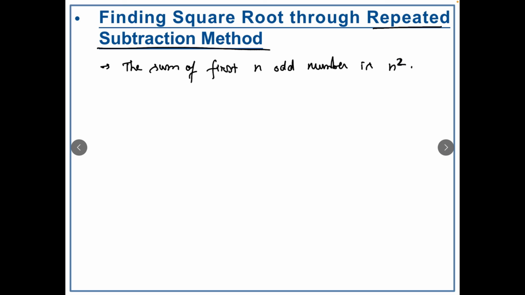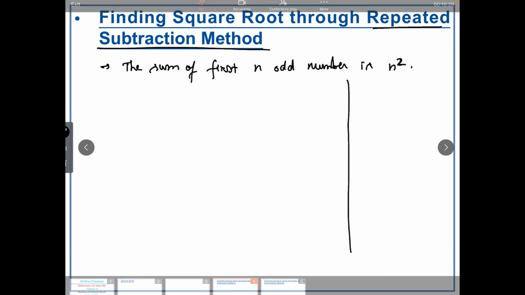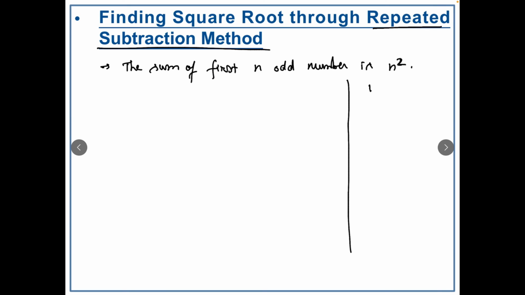While studying the patterns in square numbers, we studied this property of the square number, that the sum of the first n odd numbers is n square. I'm writing that here. If you take 1, which is the first odd number, which is equal to 1, and 1 is the square of 1.